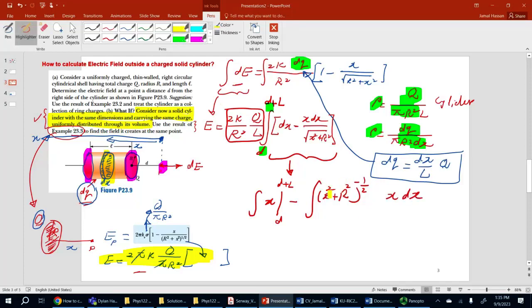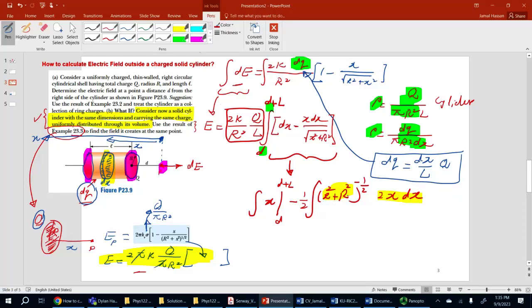As usual here, we have two terms. What's the derivative of these two terms? It's 2x dx, but we only have x dx. So I need to multiply by 2 and then divide by 2. Why did I do that? Because the derivative of these two terms is 2x dx.